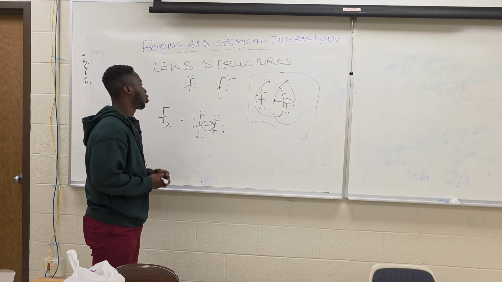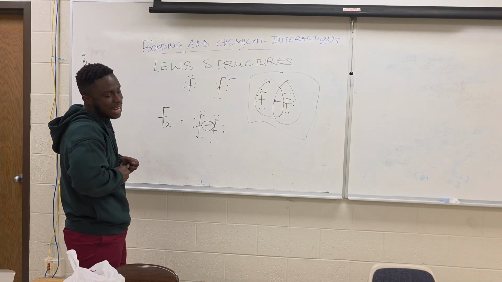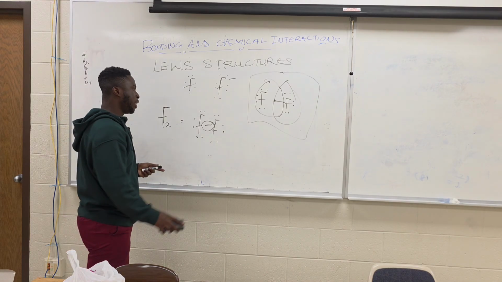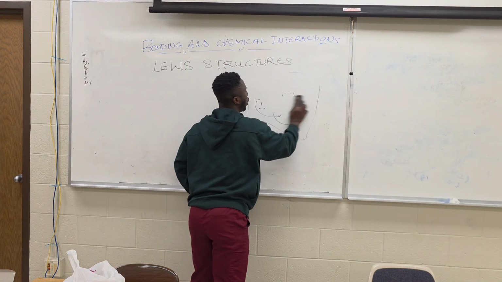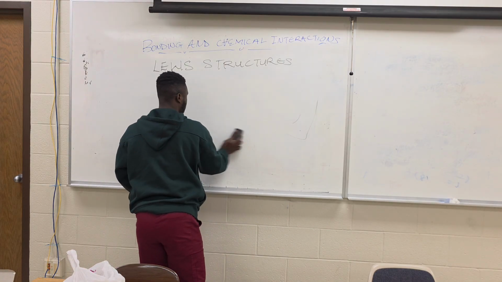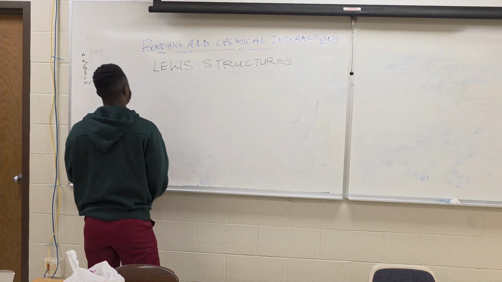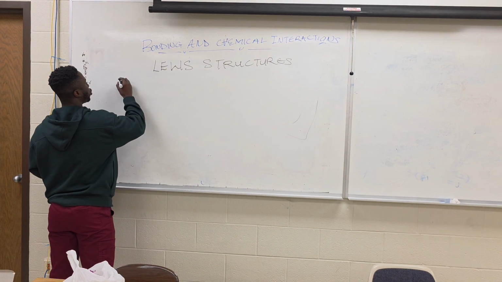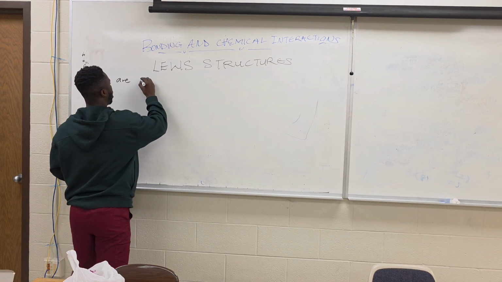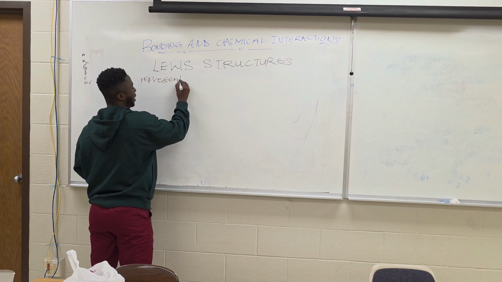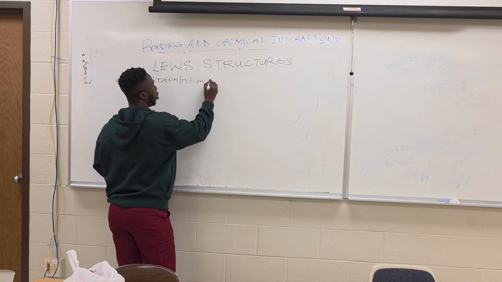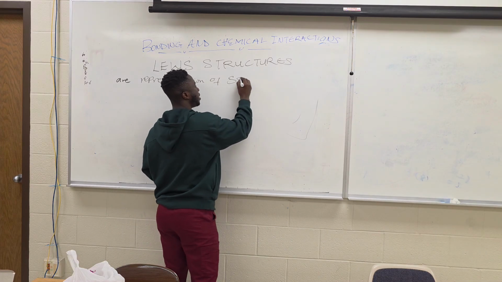So once that is clocked in, there are some rules that need to be followed when you are drawing Lewis dot structures. I believe there are 3 rules. But first, Lewis dot structures are a representation of species.